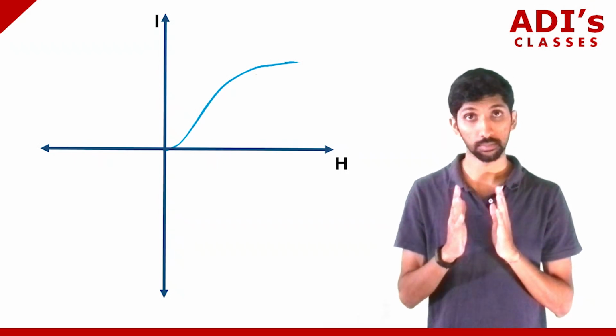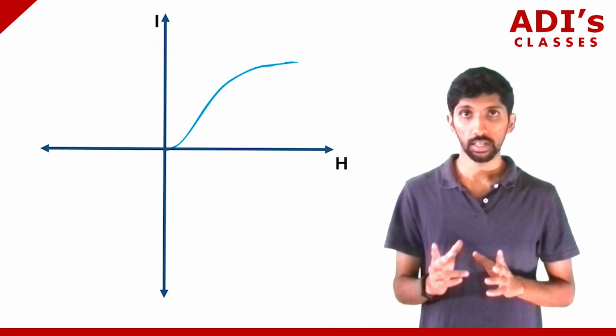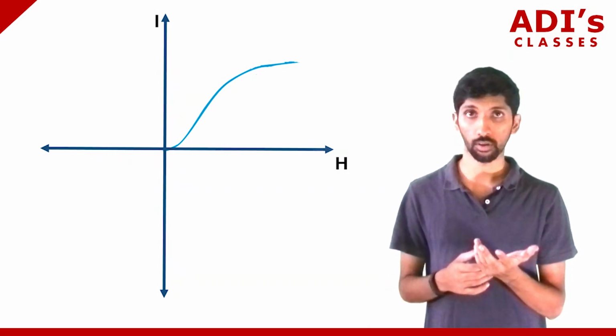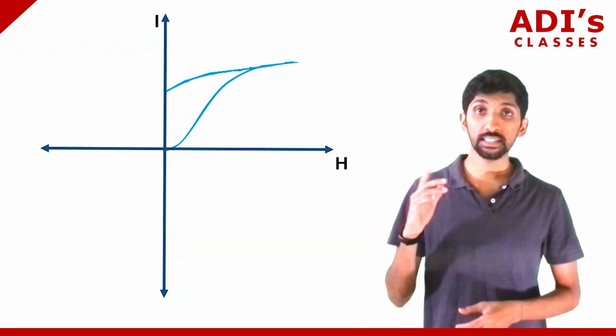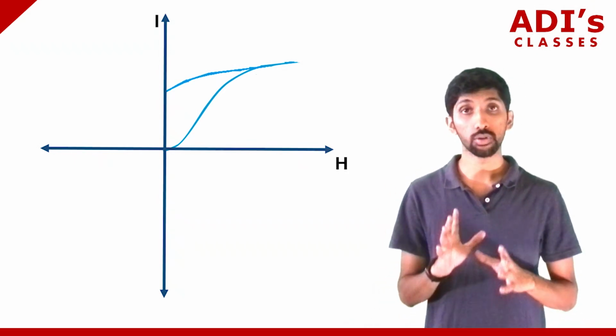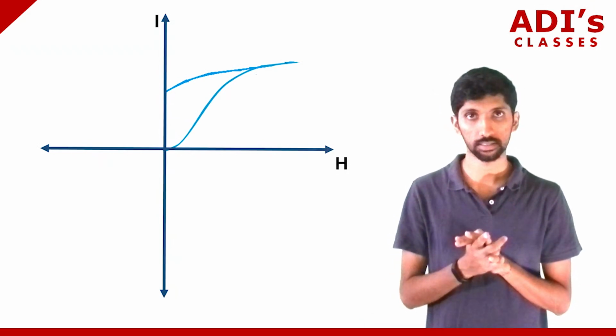So we reach the maximum point, or what we call the saturation point. Then we switch off the magnetizing field. Even if we switch off the magnetizing field, the intensity of magnetization will not be zero. So we reach this particular point on the y-axis.